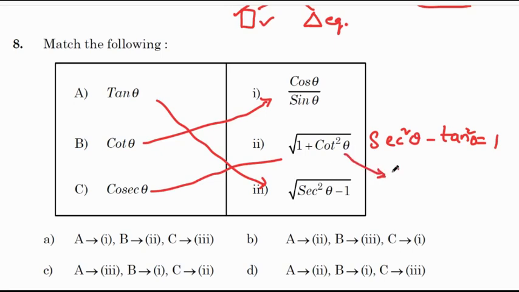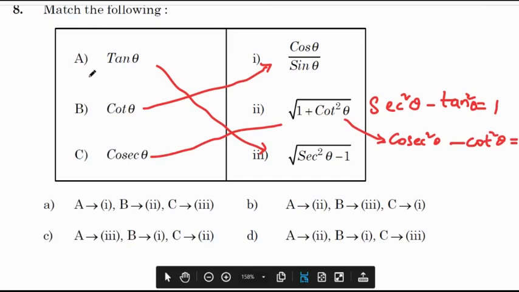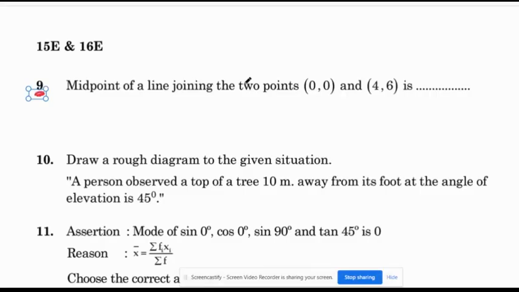Again, it is also an identity: cosecant square theta minus cot square theta is equal to 1. So based on the identities, we have figured that A is with 3, B is with 1 and C is with 2. So the correct option for this question is C.